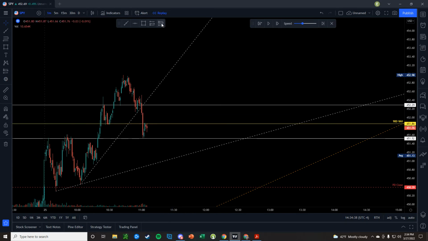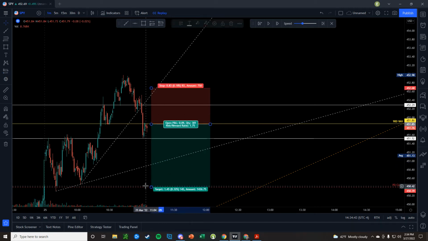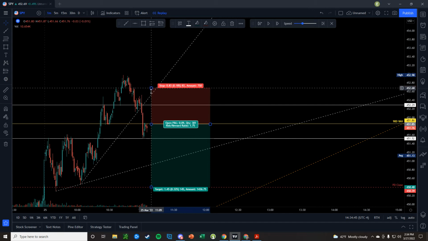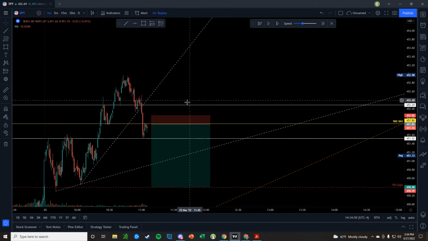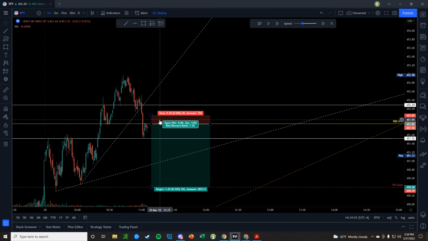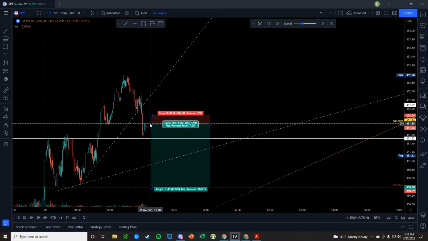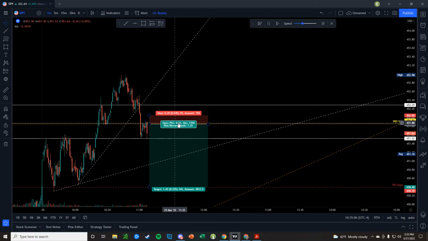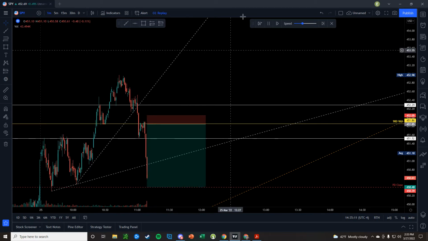We have a pretty good entry point here. And again, because we're playing off of the structure of the market, we can modify our risk to reward to just benefit us, right? So the first thing that we're going to want to target is our primary structure here. So we've got our entry right here off of our value high. We are short. This was a pretty awesome break.